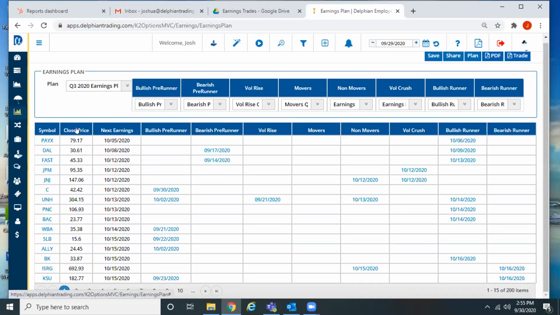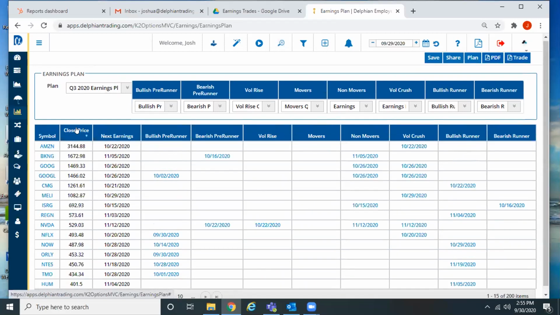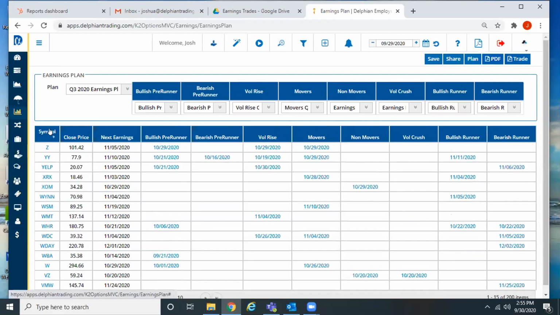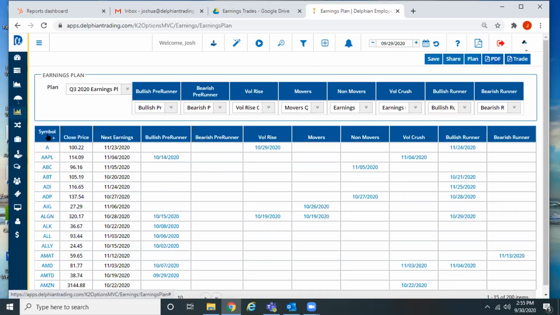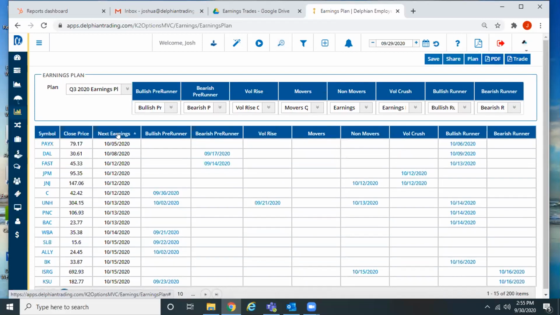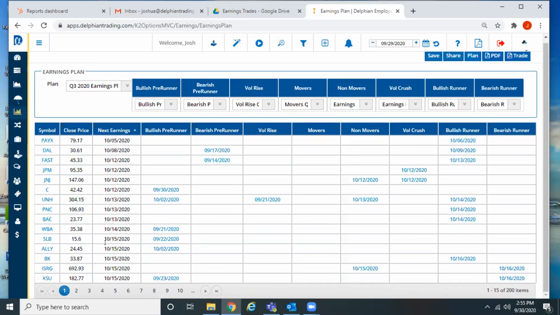They fixed these searches, by symbol too. Basically you just have to sort by next earnings, and the earliest it would be is 20 days before the next earnings for the bullish pre-runner. Like this one, Citigroup is today.